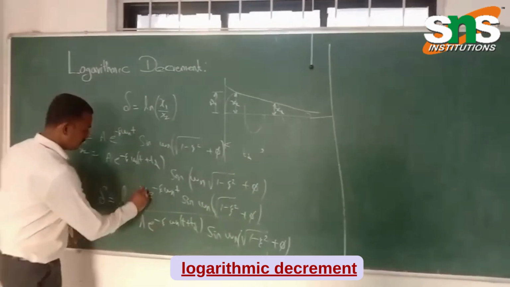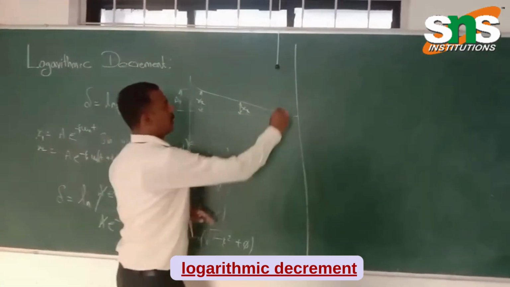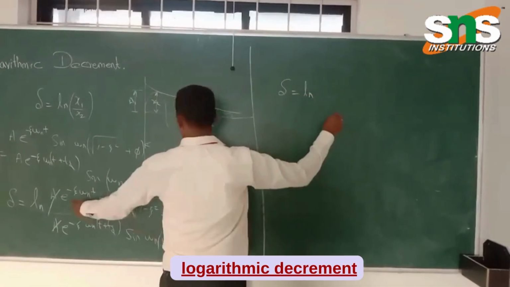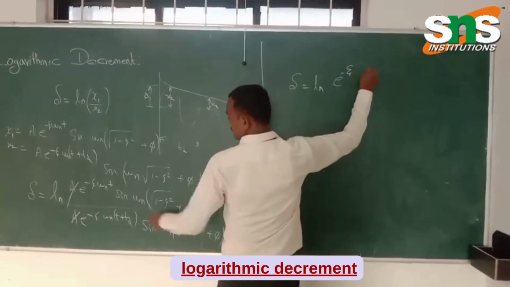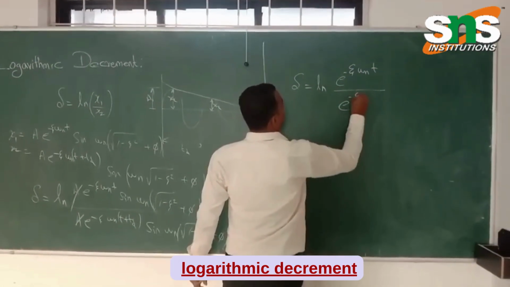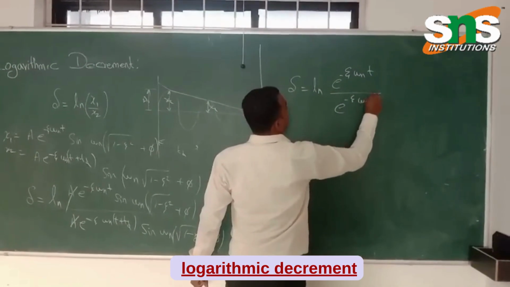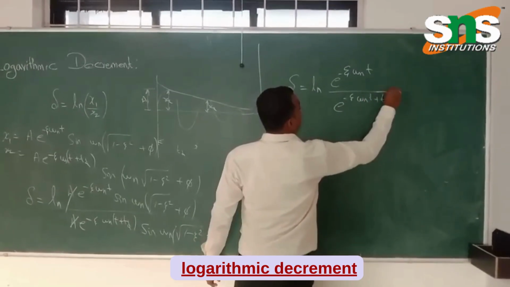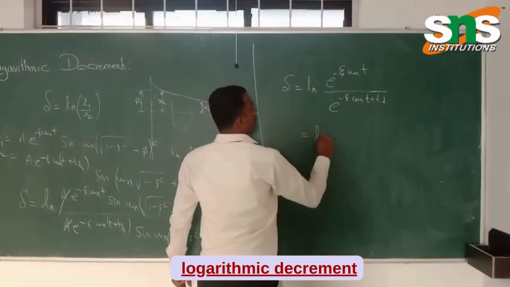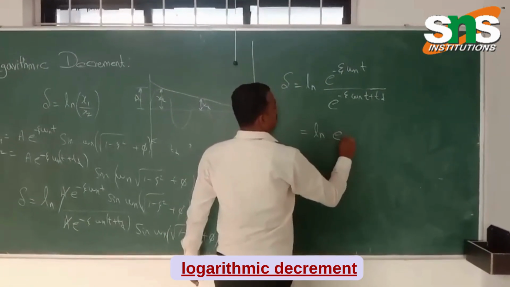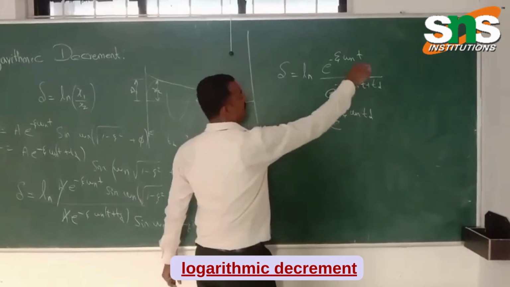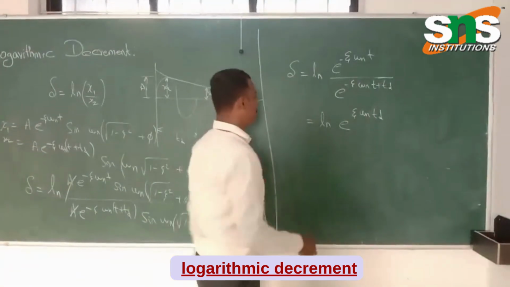We can eliminate the same terms and we get the logarithmic decrement as ln of e power of minus zeta omega n t divided by e power of minus zeta omega n into t plus td. Taking the common term, we get e power of zeta omega n td.